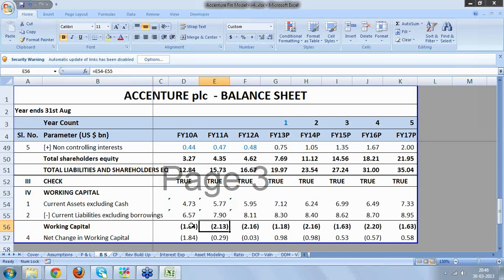Now recall, in the previous session, we had a gut feel that a company which has a good payment cycle, well-structured contracts, Fortune 500 clients, should have a negative working capital, which we can see coming into picture right in front of you. Very few companies will have a negative working capital. We are lucky to see that ourselves in this case.